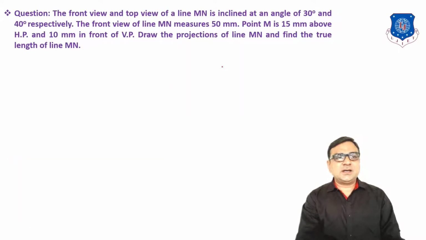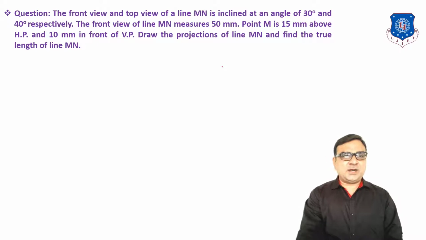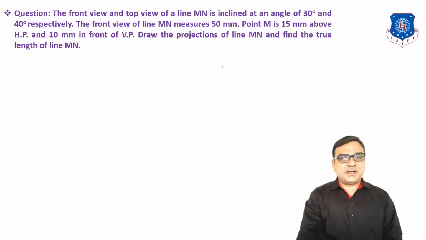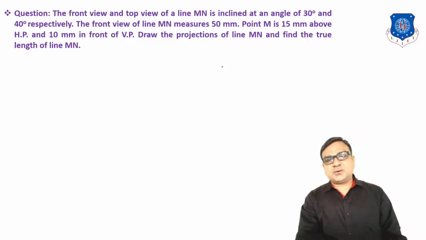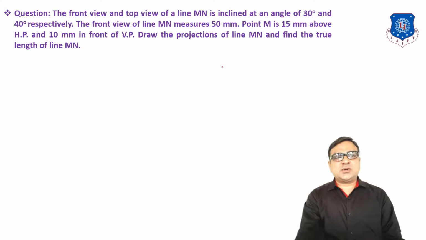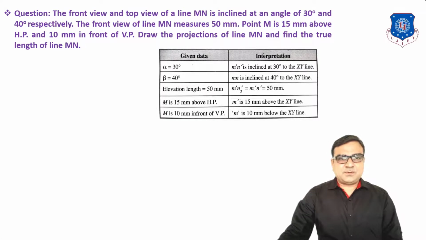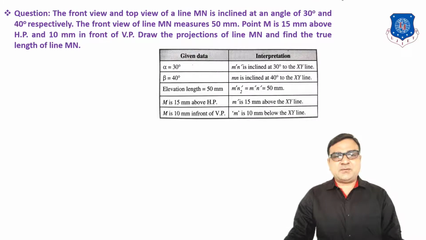Let us see the next problem. The front view of the line and the top view of line MN are inclined at angles of 30 degrees and 40 degrees respectively. The front view of line MN measures 50 mm, and point M is 15 mm above HP and 10 mm in front of VP. Draw the position of line MN and find the true length of line MN. So in this problem, actually the angles are apparent angles alpha and beta.